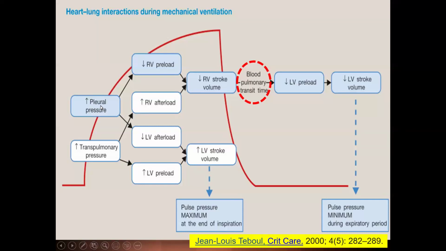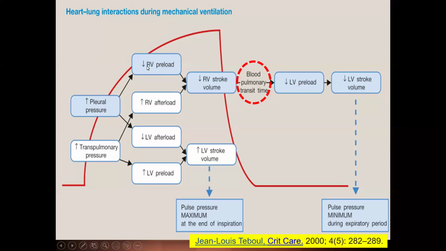The increase in the pleural pressure and the transpulmonary pressure at the same time: the pleural pressure compresses the right atrium, so it will decrease the RV preload. At the same time, the transpulmonary pressure increases the pressure in the vessels of the lung, so it will increase the RV afterload.